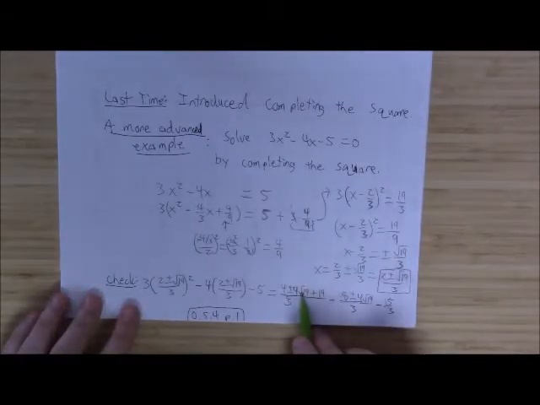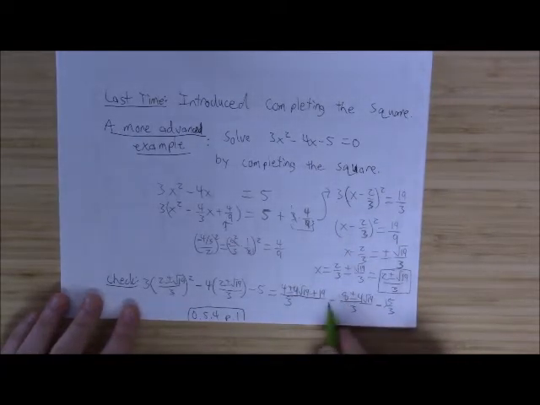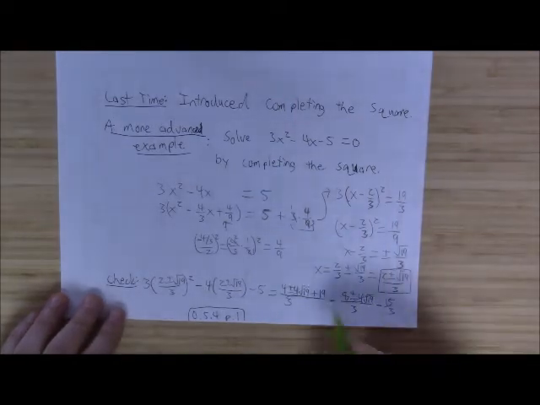The 4 root 19s over 3, once you add and subtract those fractions together, those plus or minus parts would cancel. And then what do we have left?